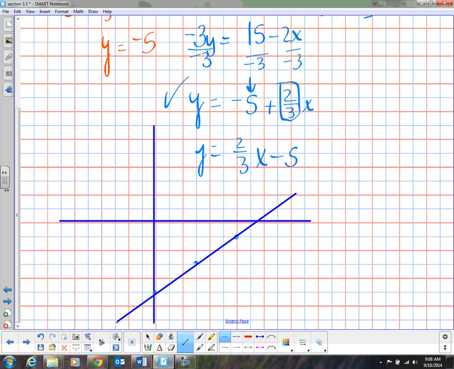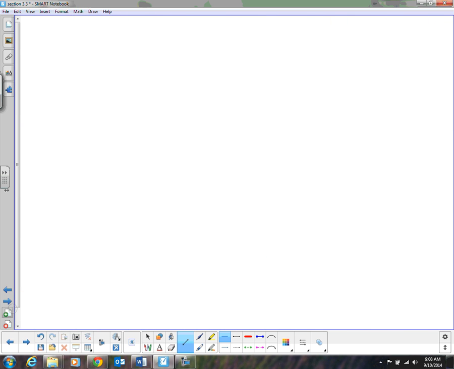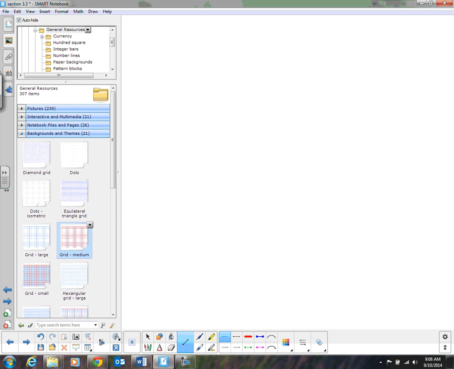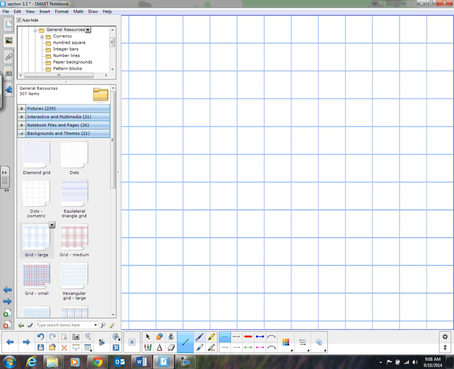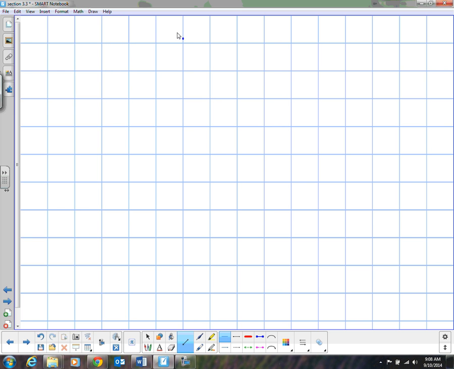Graphs must be on graph paper. Now, let me make one other notation. What if your graph paper looked like this? I am not going to accept this. Am I defeating the purpose of graph paper?